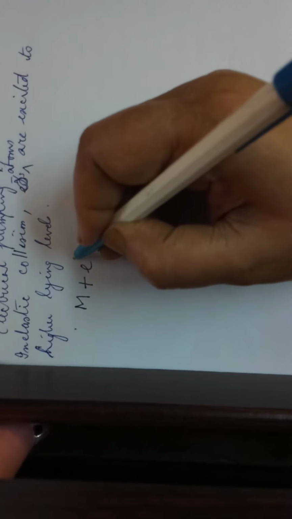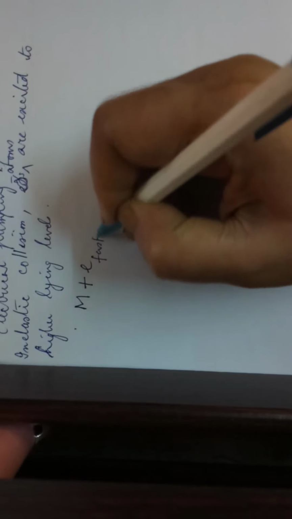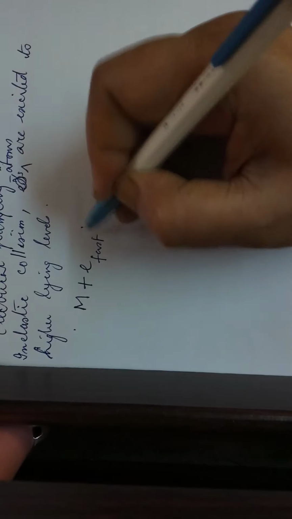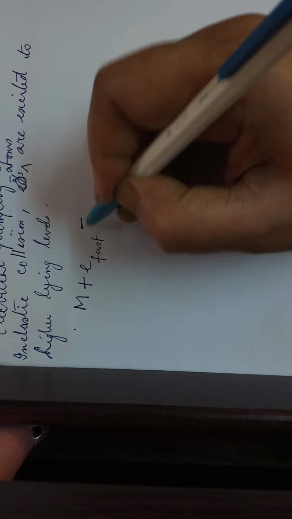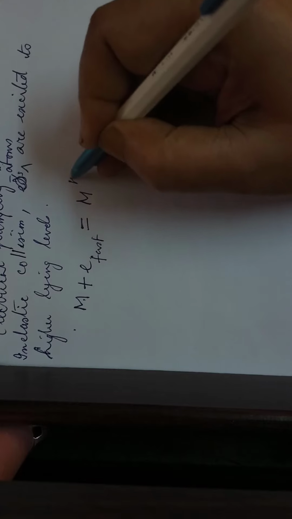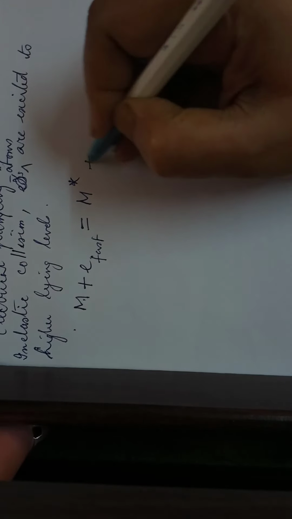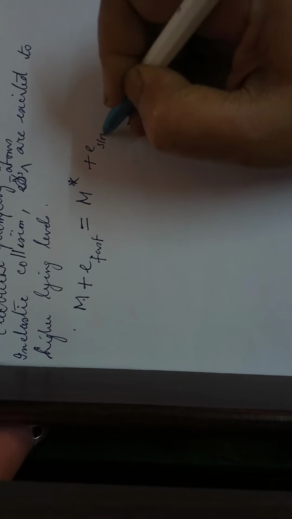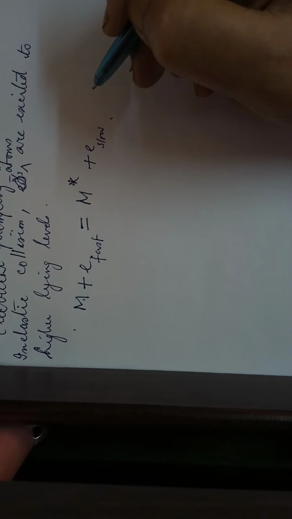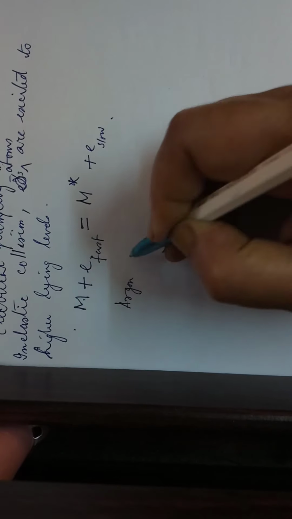So it is an electron of very high energy, and then it transfers this energy to the atom to take this atom to the higher lying state, and then this electron becomes relatively slow. All right, so this principle we apply in argon laser.